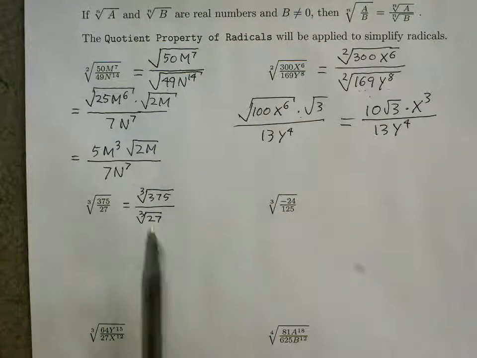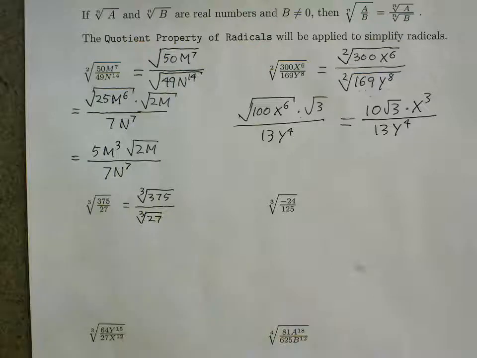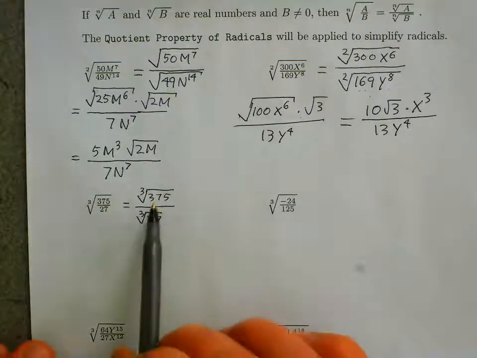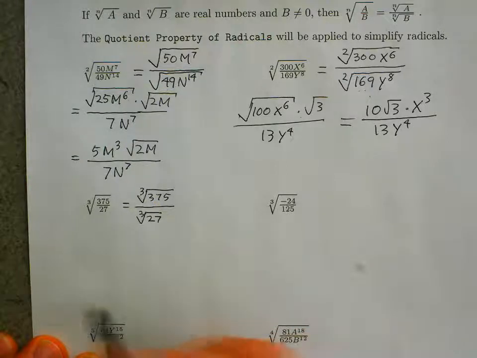The largest factor of 375 that is a perfect cube is how much? 125. Yeah, 125 times 3 is 375.